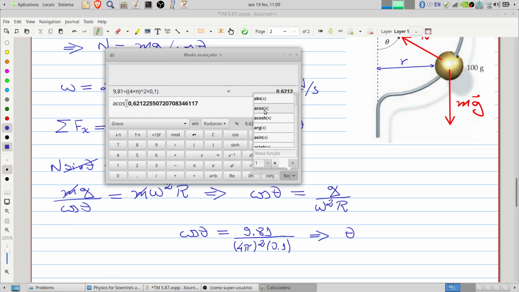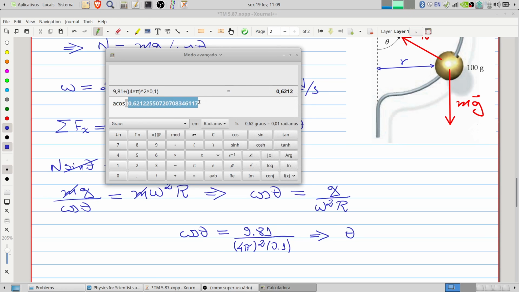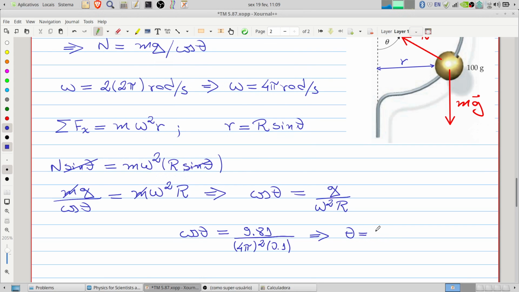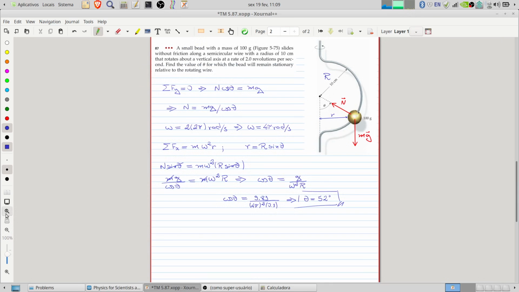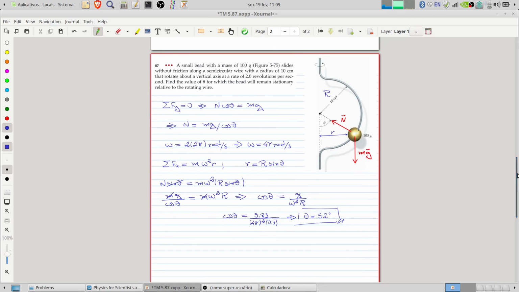So this is the cosine. Let's compute the angle here. Okay, and here we have the angle 52 degrees. Very simple, very easy, and that's it. The problem is solved.